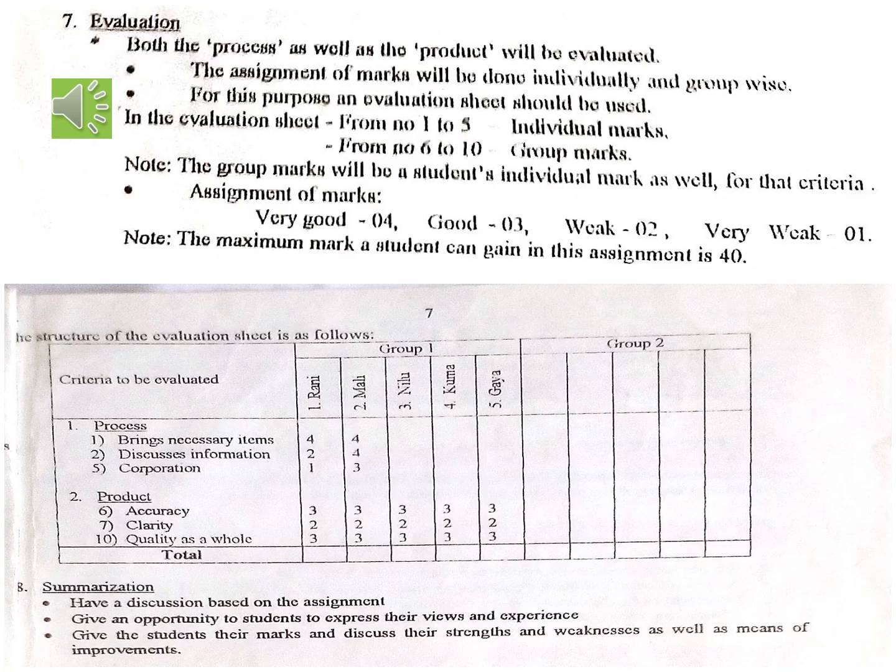Accuracy, quality. Now here it's group one. For the product, it's a group mark. See, accuracy, not that correct. It's correct, no? Out of 4, 3 marks. So all students in that group will get 3, 3, 3, 3, like that. It's a group mark. Clarity of the product, 2, not that clear.